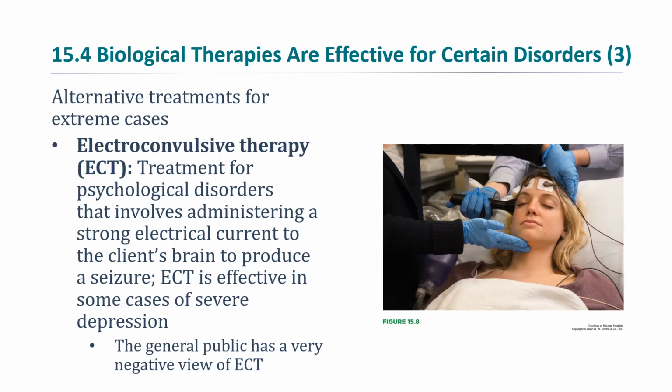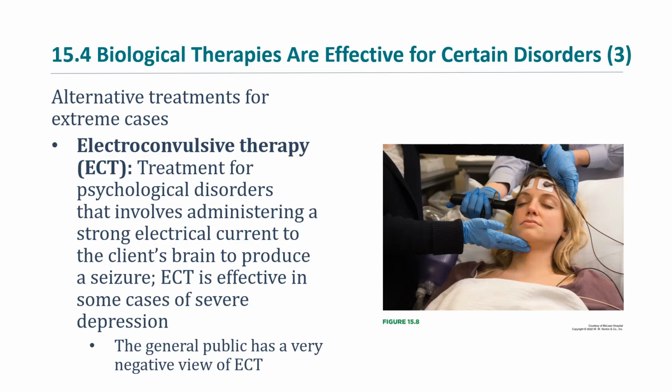Okay, let's look at some alternative treatments other than medication for extreme cases of certain disorders such as depression. First of all, we have electroconvulsive therapy, and it involves brief electrical pulses that are applied to the brain that are meant to produce a seizure within the person, which typically lasts about a minute or so.